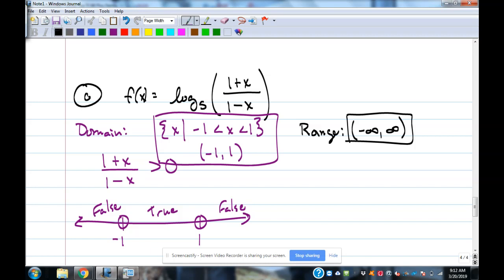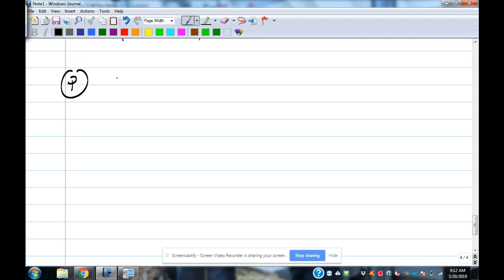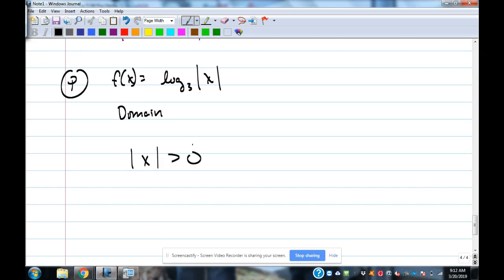Okay. Let's look at another one. Something we maybe haven't done in a while is an absolute value in there. So f of x is equal to log base 3 of the absolute value of x. Okay, if we're going to find the domain, take absolute value of x, set it greater than 0. What do we know about absolute value and greater than 0? Absolute value is always positive numbers.